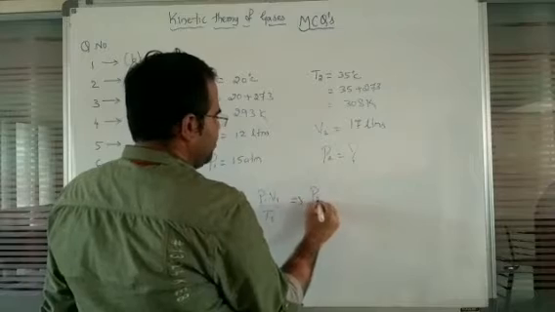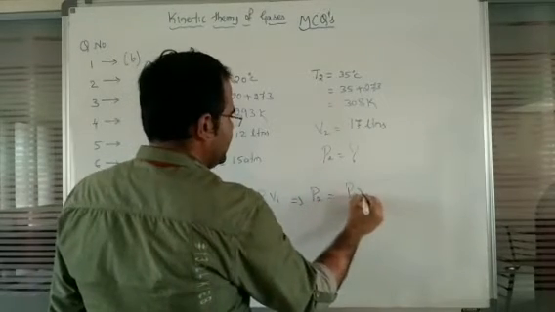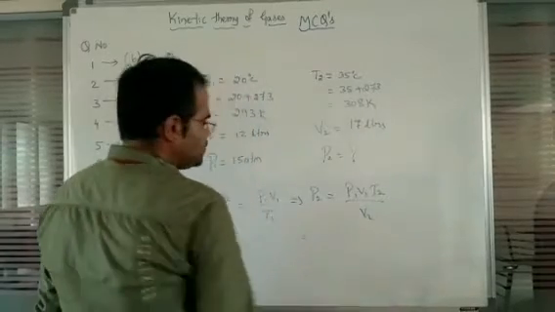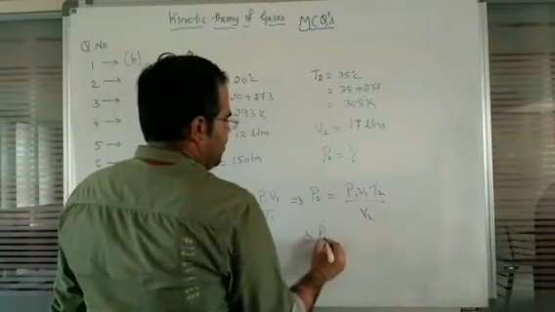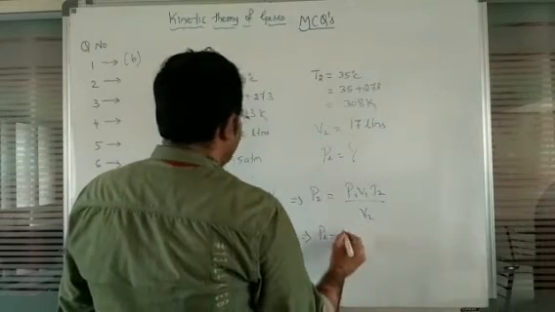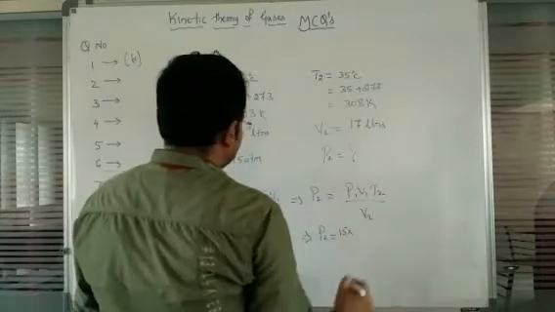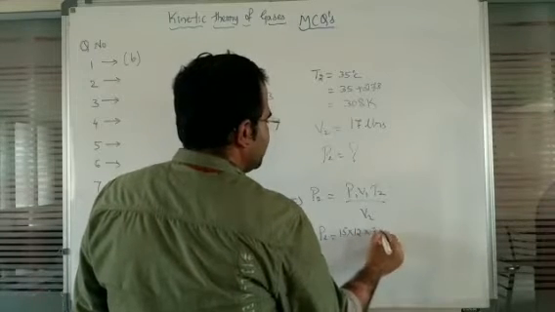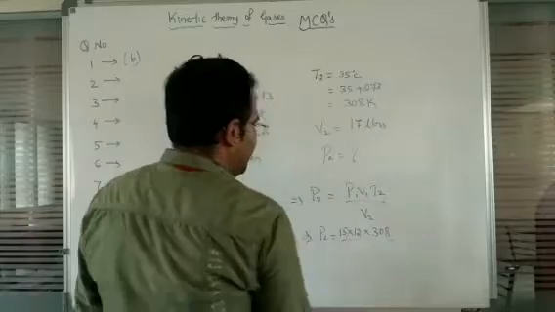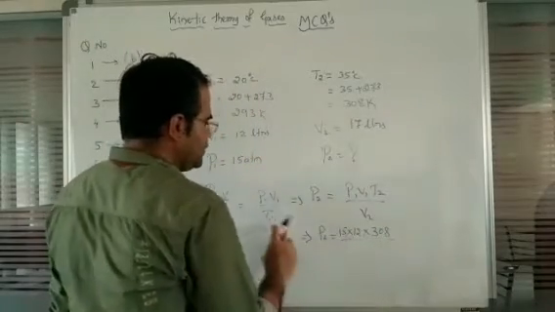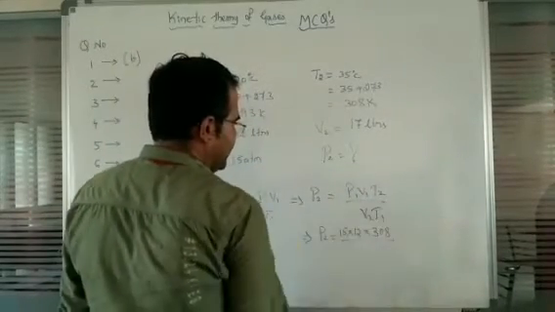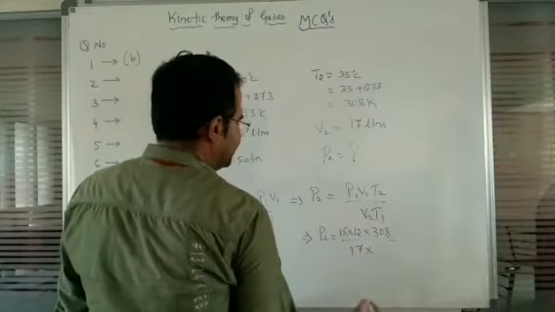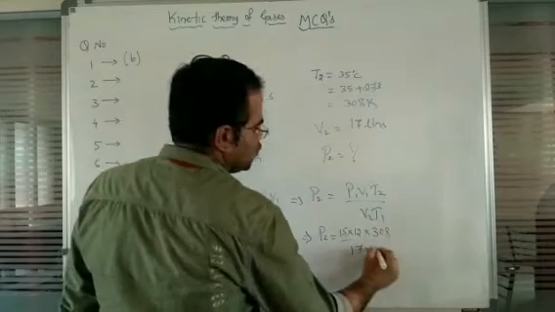This implies P2 is equal to P1 into V1 into T2 divided by V2 into T1. So P2 is equal to 15 into 12 into 308 divided by 17 into 293.